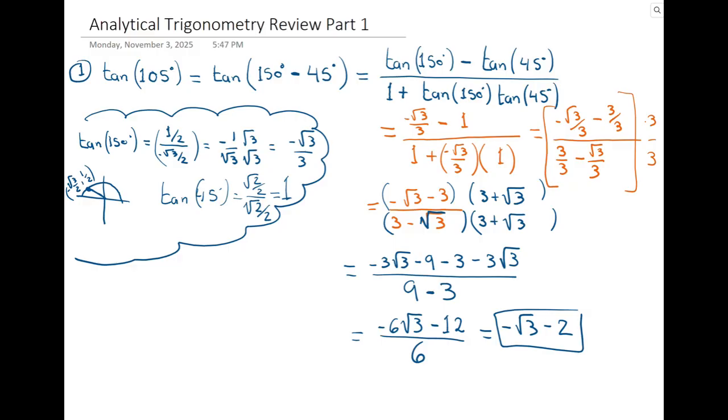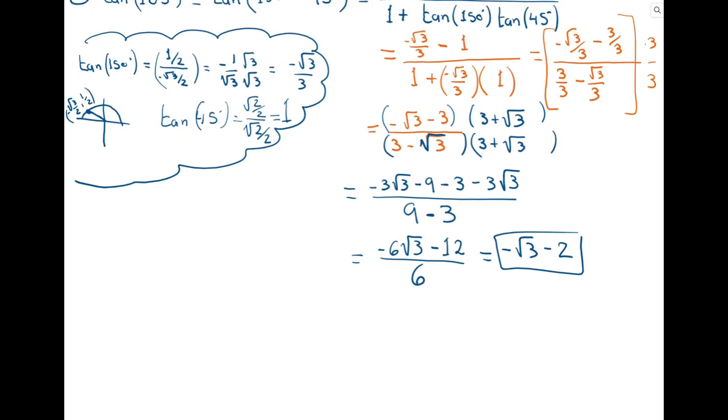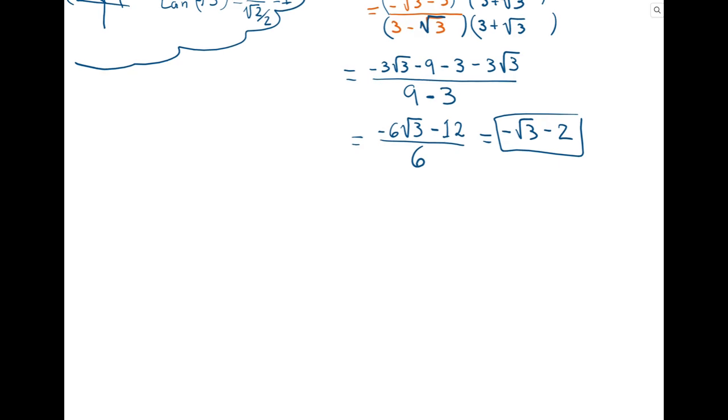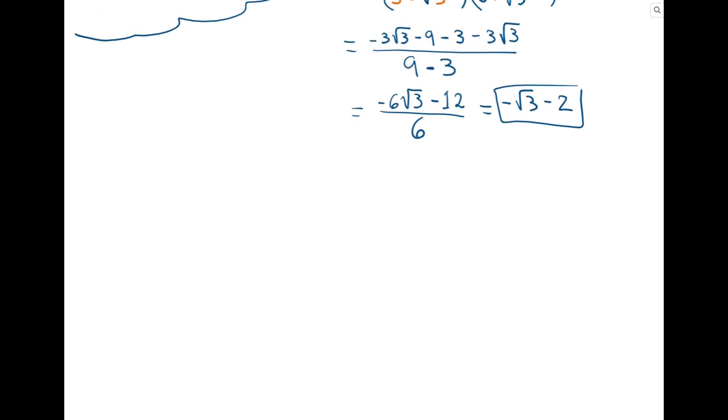Okay, so now let's find another example. Okay, let's look at one of those. So next example, if I said we're going to have sine of alpha plus beta is equal to, so here I'm just recalling what is that formula, right?